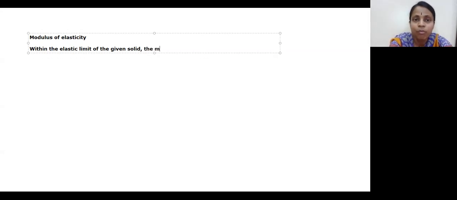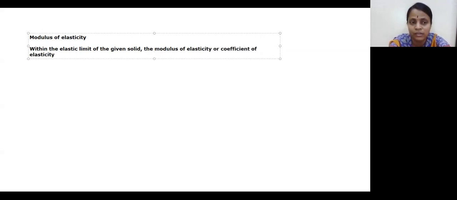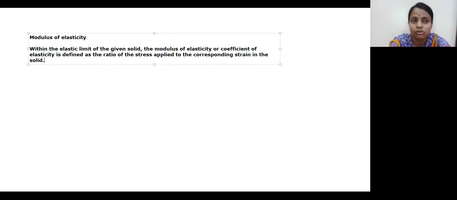So the modulus of elasticity, or as I have mentioned in my previous class, the coefficient of elasticity, is defined as the ratio of the stress applied to the corresponding strain in the solid. Is that clear?